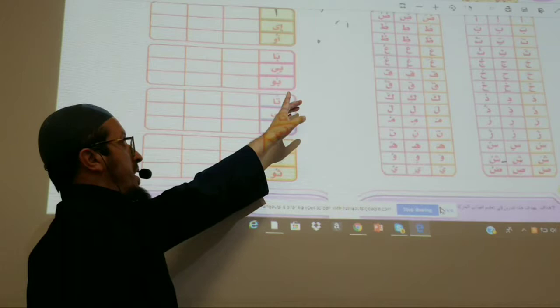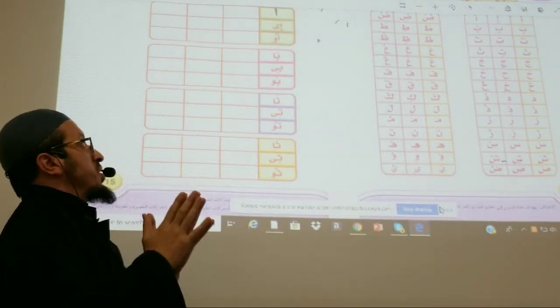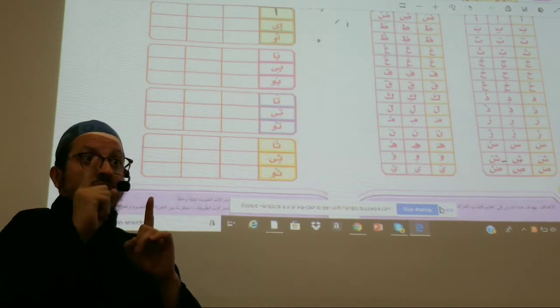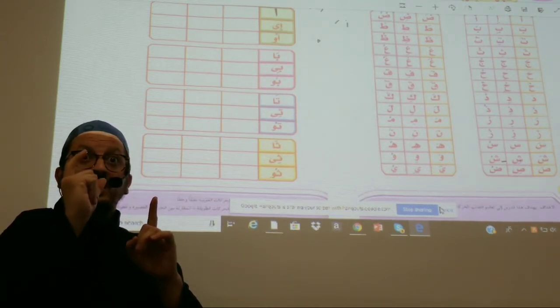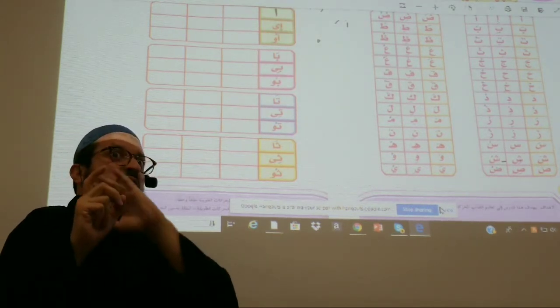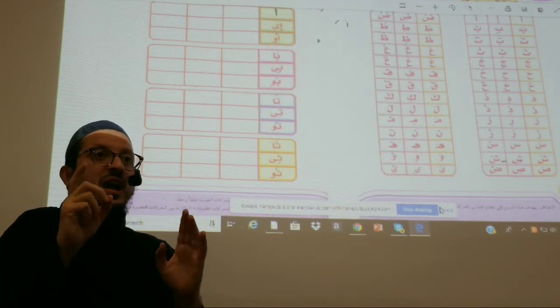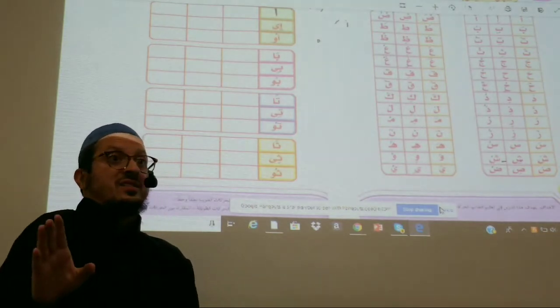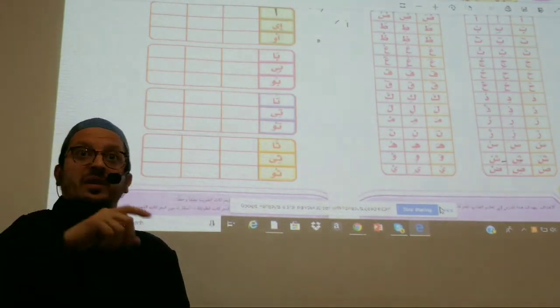So you become familiar with two letters connected, and you also learn which letters don't connect. Like which letters in the beginning never connect with the letter that comes after.